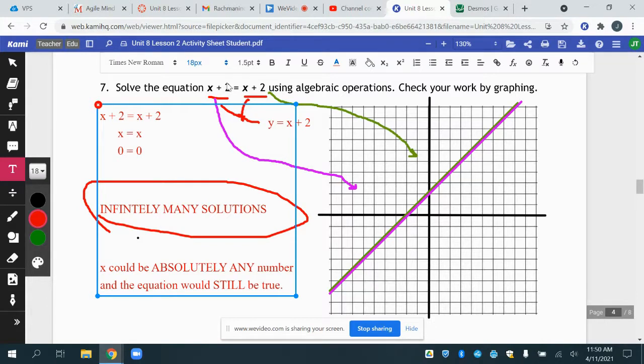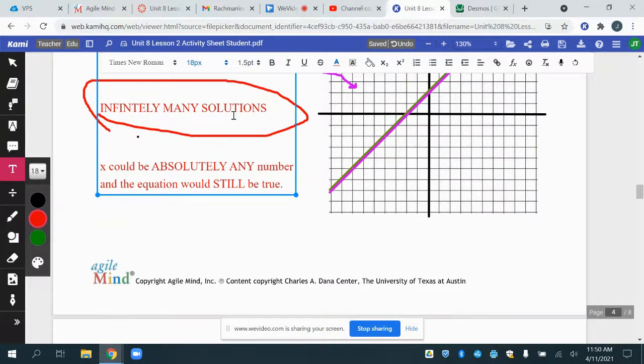If x was 10, that'd be 10 plus 2 is 12. 10 plus 2 is 12. 12 equals 12. Look at that. If x was 100, 102 equals 102. No matter what I make x, this will equal that because they're identical. Okay, so that's what infinitely many solutions means.